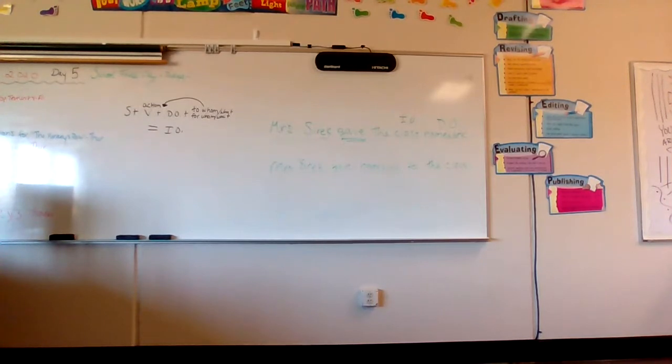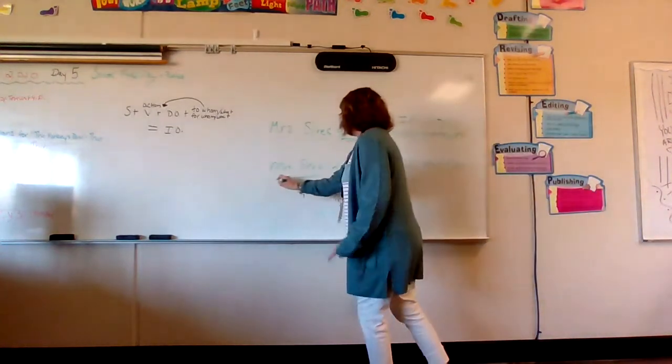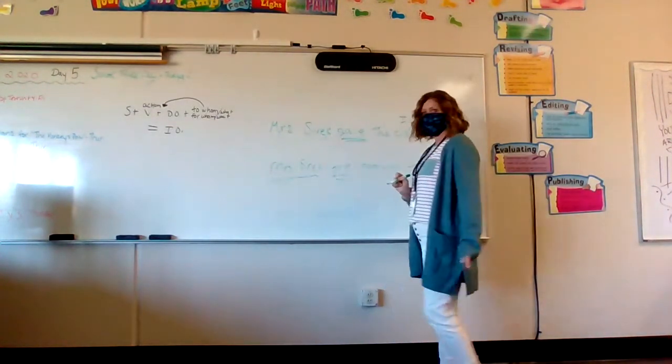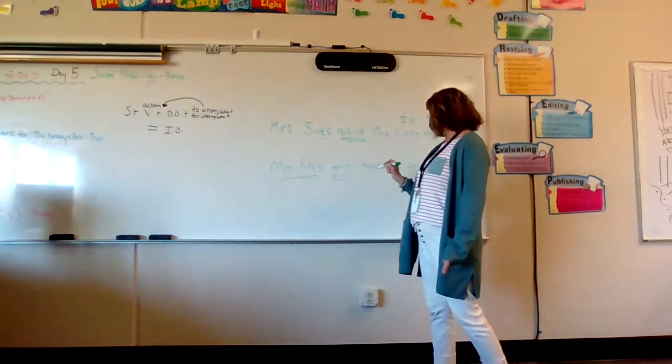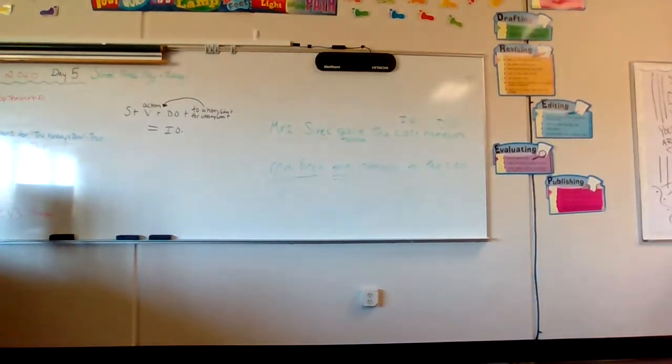Now, what's the subject? Mrs. Sirik. What's the verb? Gave. Is it an action verb? Yep, it's an action verb. Gave what? Homework. So what is homework? Direct object. To whom?